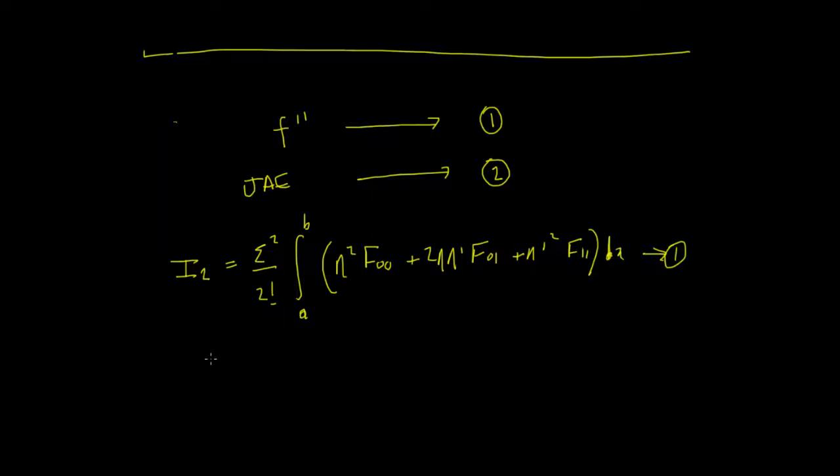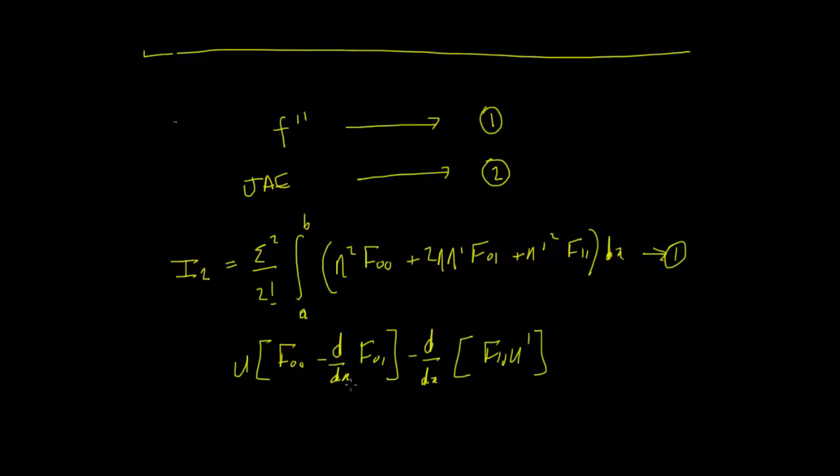Now the Jacobi accessory equation was what we had above, so we could write that as u f00 minus d by dx f01 minus d by dx of f11 times u derivative. Okay, now that's equation number 2.